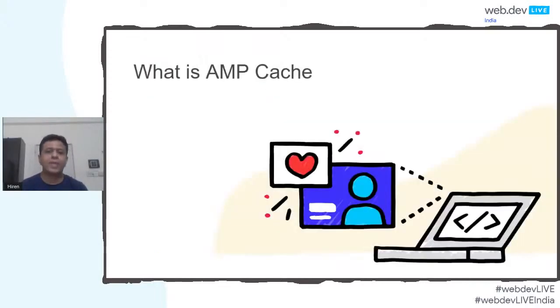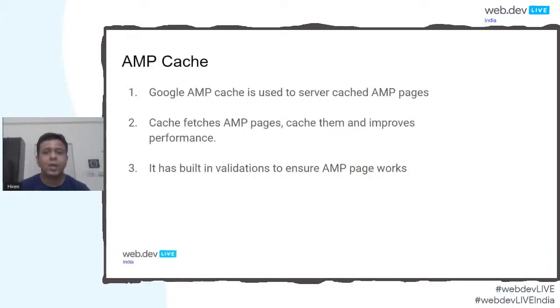Now let's see what the AMP cache is. As we understood earlier, AMP is using Google Cache, and Google Cache identifies all your AMP pages.